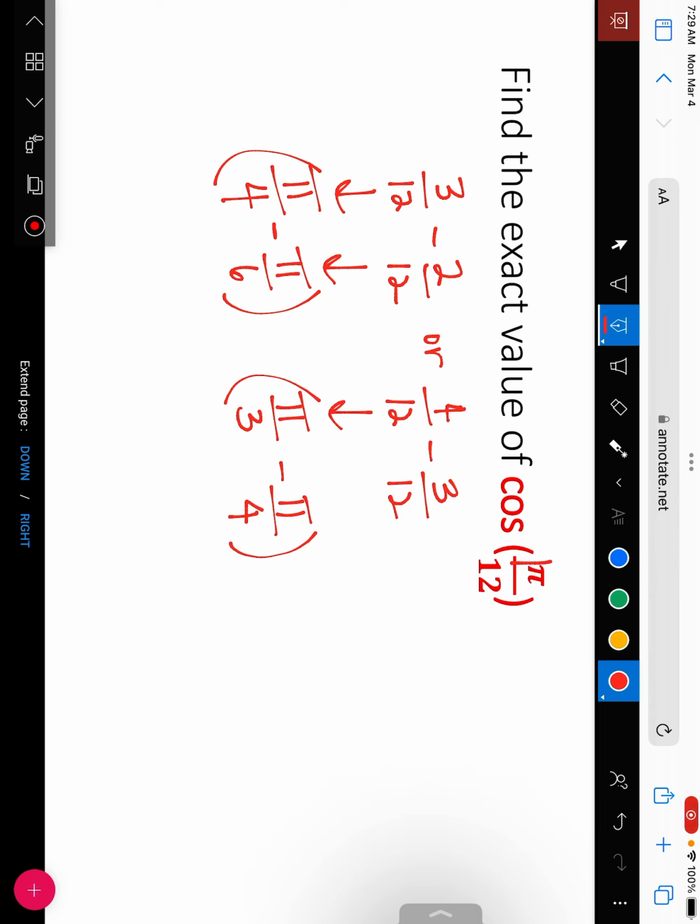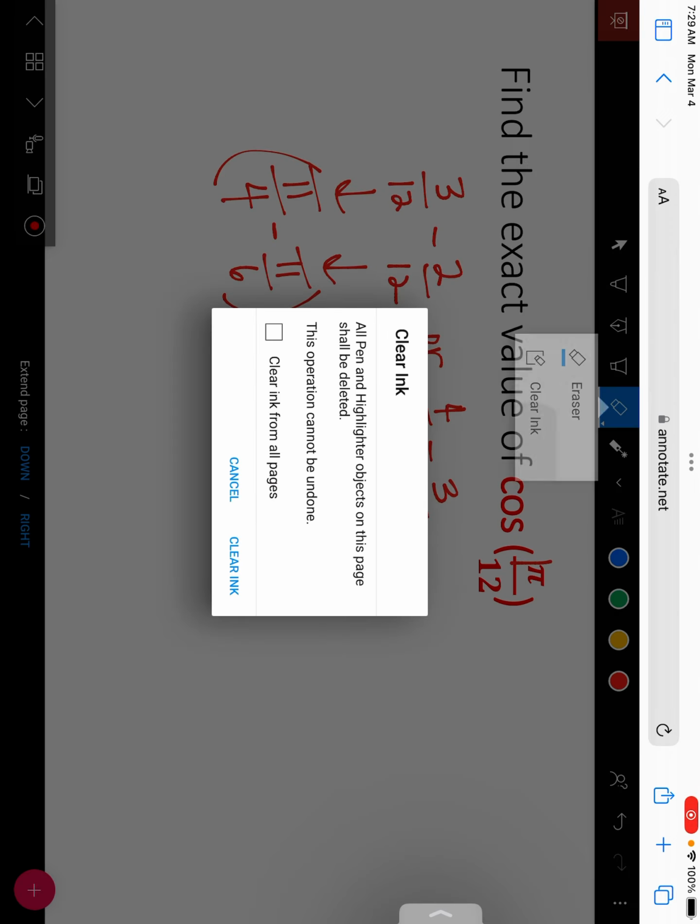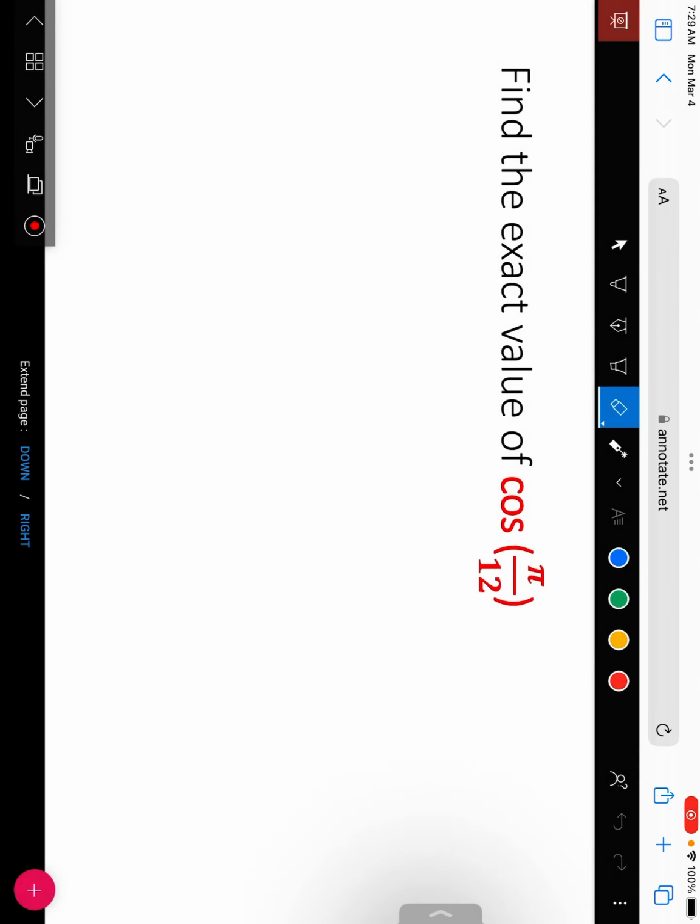It's hot. All right, so I'm going to do pi over 4 minus pi over 6. So let's go ahead and do that. So we're going to use, because they're still using cosine, the cosine difference.